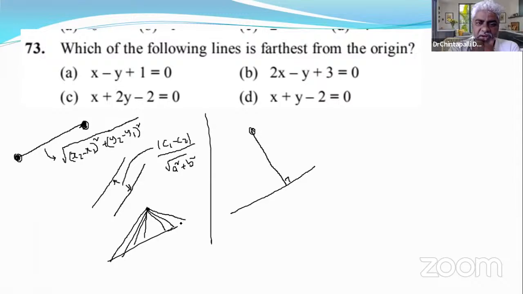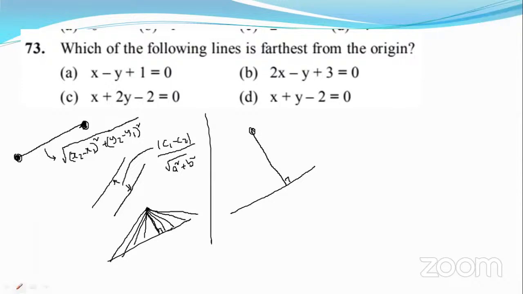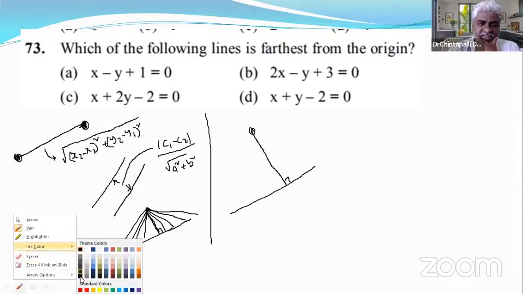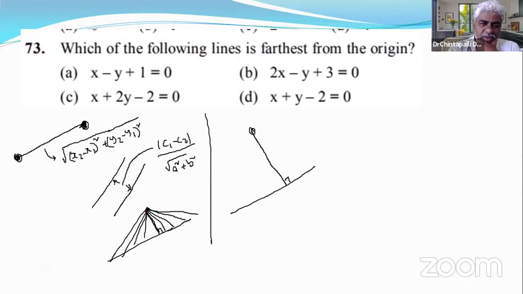Among those infinite distances, the shortest distance is the perpendicular distance. So whenever the distance of a point from a line or the distance of a line from a point is asked, we can understand that it is nothing but the perpendicular distance.